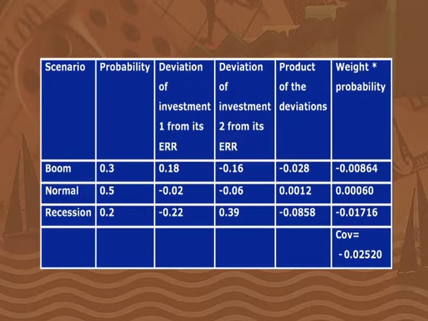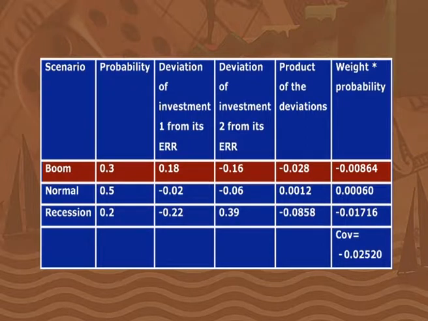Let's understand an example. There are 3 scenarios. Scenario 1 is boom times, the probability of which is 0.3. The deviation of investment 1 from its expected rate of return in this boom time is 0.18.